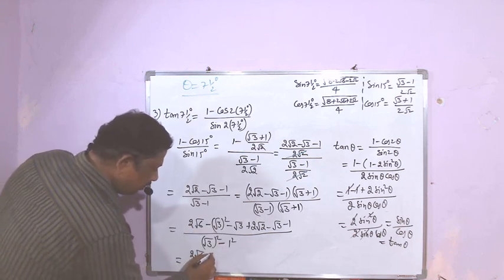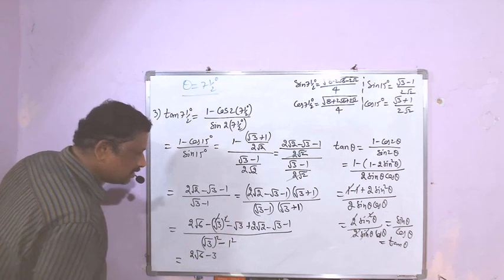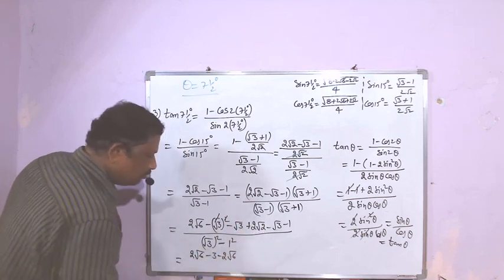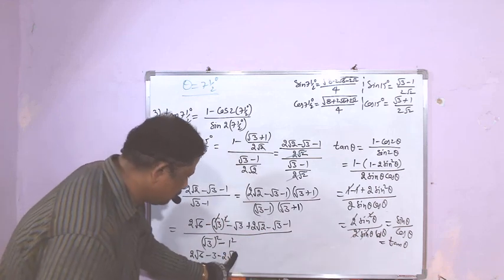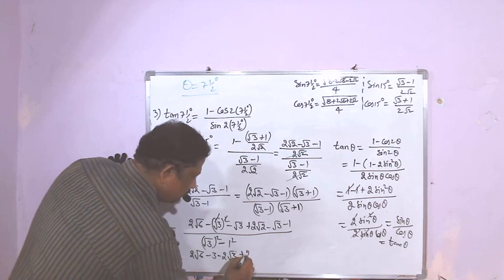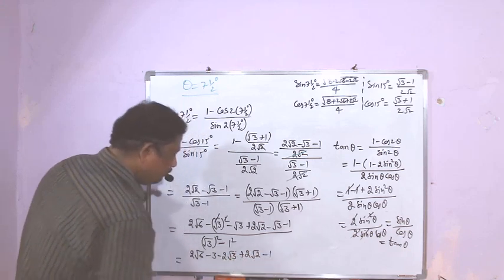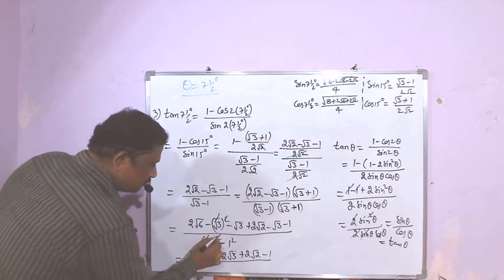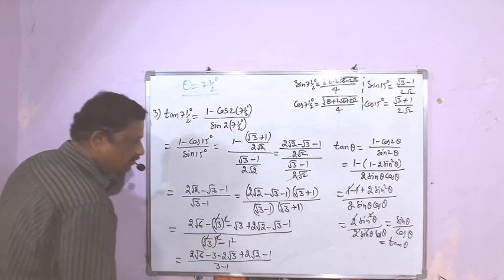This one becomes minus 3, root 2 square gets cancelled. Root 3 we have 2 root 3. 2 into root 3 plus 2 root 2 minus 1, whole divided by root 2 square gets cancelled, 3 minus 1 we will get.